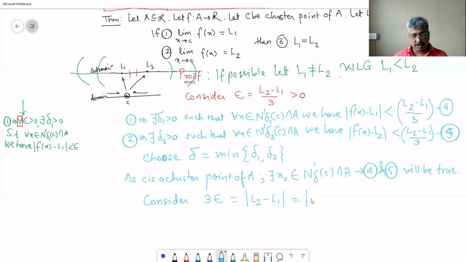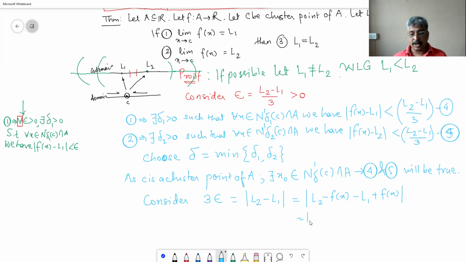That is equal to absolute value of L2 minus f of x minus L1 plus f of x, which is equal to absolute value of L2 minus f of x. Or we can reverse it so that we can replace as per our definition.